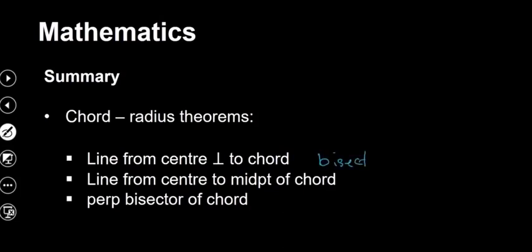The second one is the converse: if a line is drawn from the center to the midpoint of the chord, the conclusion is that it is perpendicular to that chord. Lastly, a perpendicular bisector of a chord passes through the center of the circle.